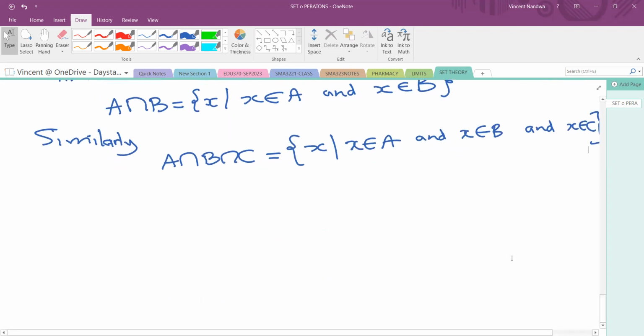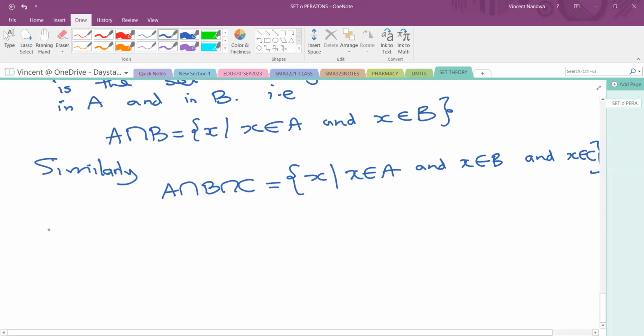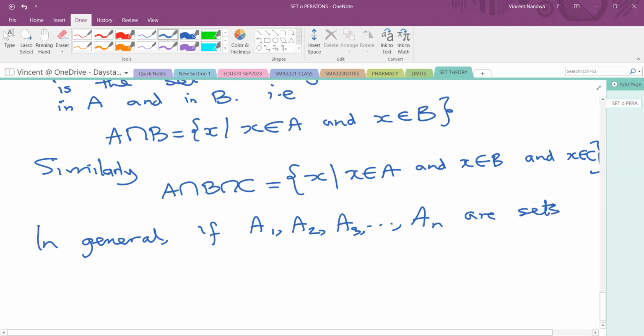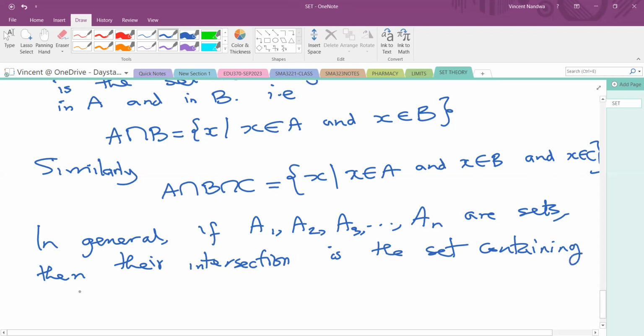And in more general, if A1, A2, A3, up to AN are n arbitrary sets, then the intersection is the set containing all elements common to all the sets.